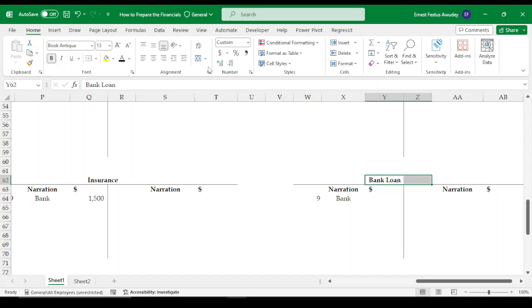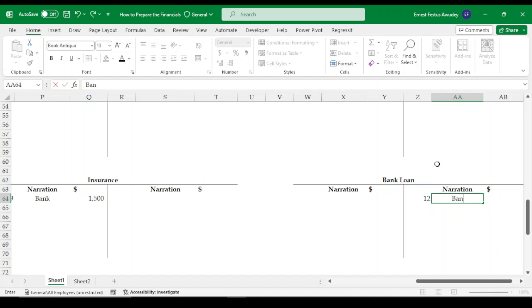So let me merge and center that. And as we rightly said, the bank loan is a liability. Therefore, if we take a loan, it is increasing, and so we have to credit it. So we'll have our credit there, and the corresponding entry is going to our bank account.